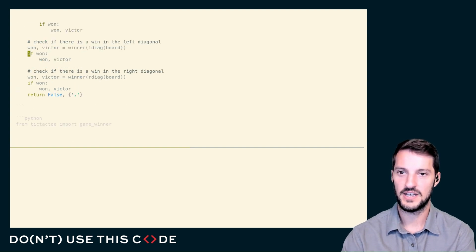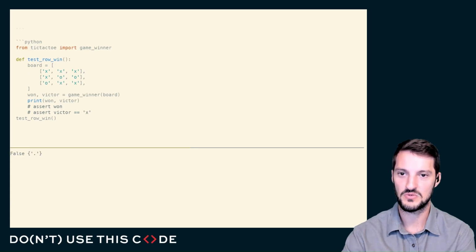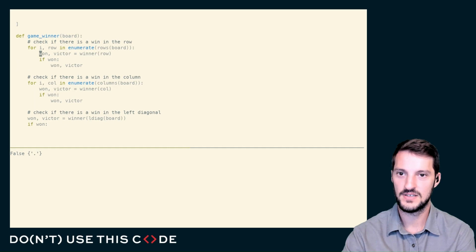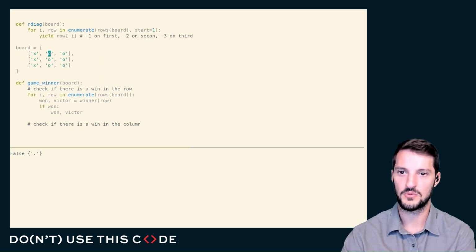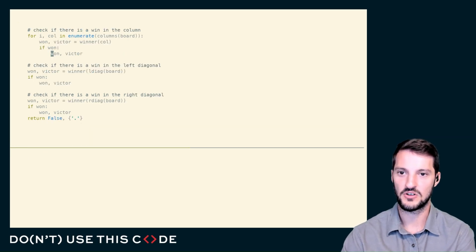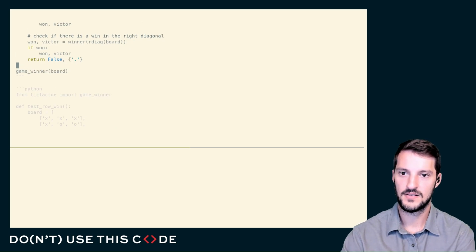So let's go ahead. I think we just need to refresh our code there and just make sure that everything works and check our row. We can always go back to our original formulation that we have here and just see if we get our game winner on our board. Just like that. Print this out.